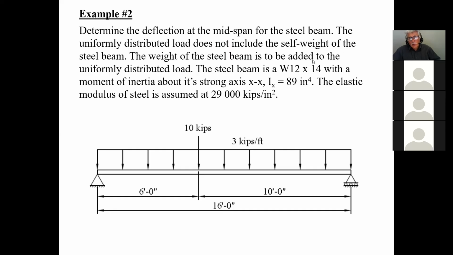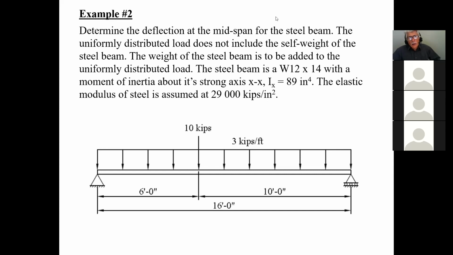The weight of the beam is to be added. The steel beam is a W12 by 14, with a moment of inertia of 89 inches to the fourth, and the elastic modulus is 29,000 kips per square inch, or 29 million pounds per square inch. So it all depends.